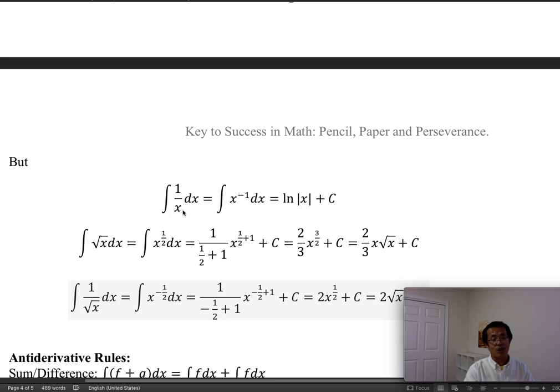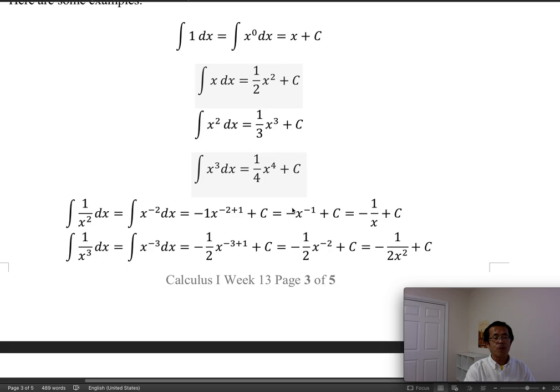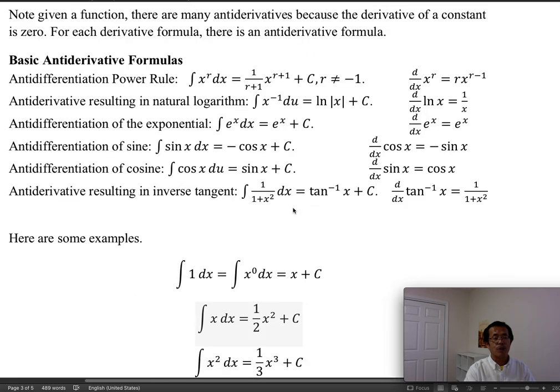Then the antiderivative of 1 over x is ln of the absolute value of x, plus an arbitrary constant in the end. Those basic antiderivative formulas will handle those simple types of functions.